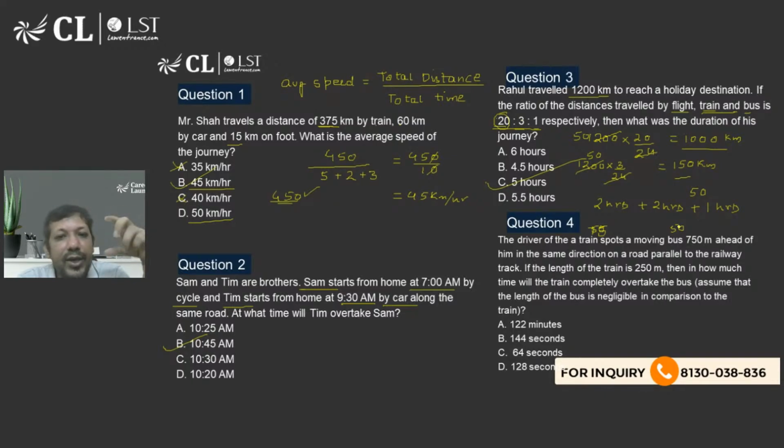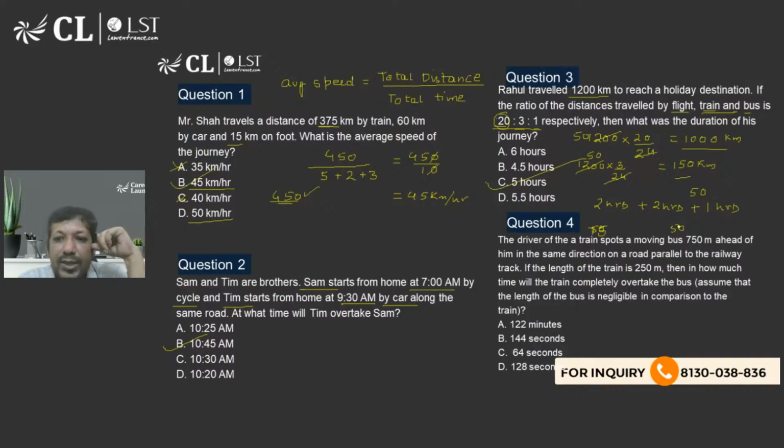So whenever we calculate how much time a train is going to take to overtake or cross a pole, we consider the length of the train. If a train crosses a platform, the train crosses the length of the train as well as the length of the platform. When two trains cross each other, the total distance traveled is the summation of the lengths of both the trains.